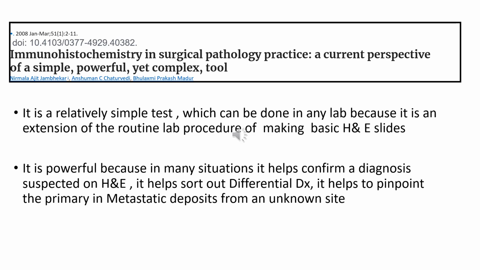And it is powerful because in many situations it helps confirm a diagnosis which is not very clear but only suspected on H&E. It helps to sort out the various differential diagnostic considerations, and it helps to pinpoint the primary in metastatic disease from an unknown site.